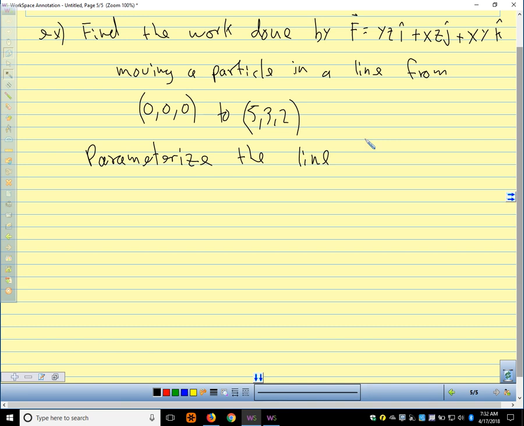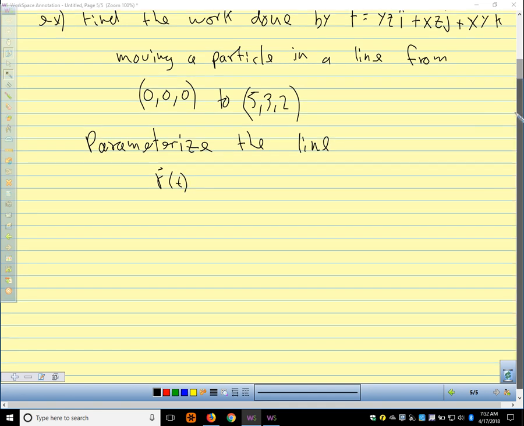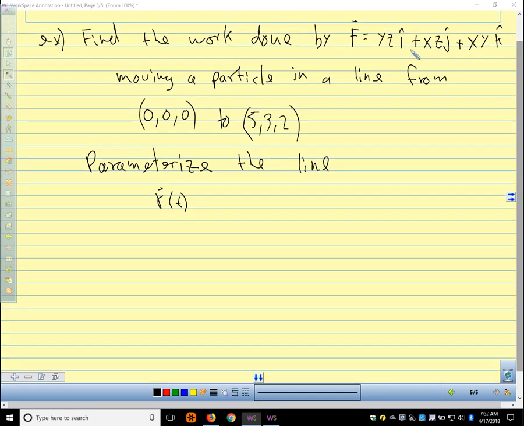Do you remember the parametric representation of a line? R of t. That's not, that would just be a vector. We need to parameterize a curve so we can represent the force, because the force varies over the course of the line.